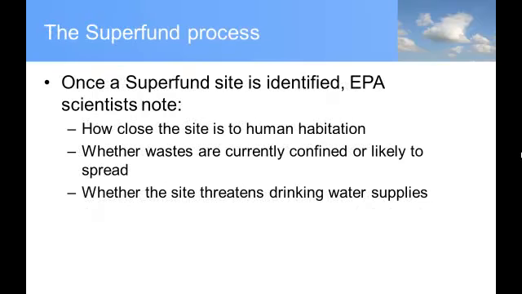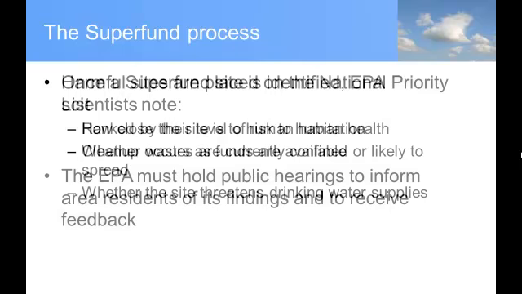The Superfund process starts like this. Once a contaminated site is identified, the EPA puts it on a priorities list and they start taking note of whether the material is confined or likely to spread, how close it is to people, whether it has an immediate threat to drinking water supplies.